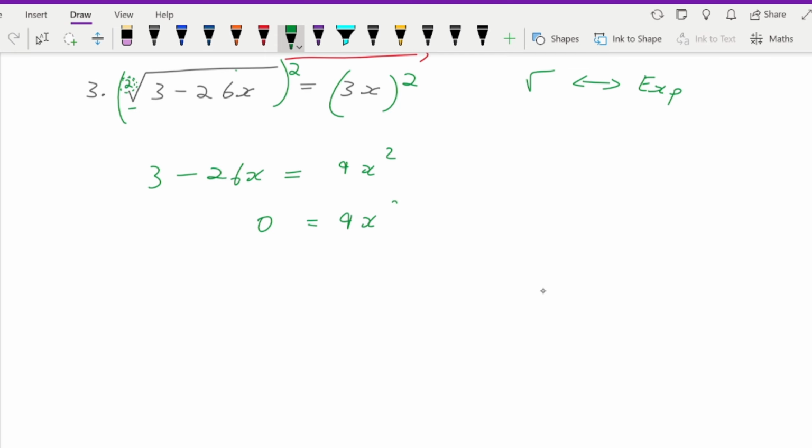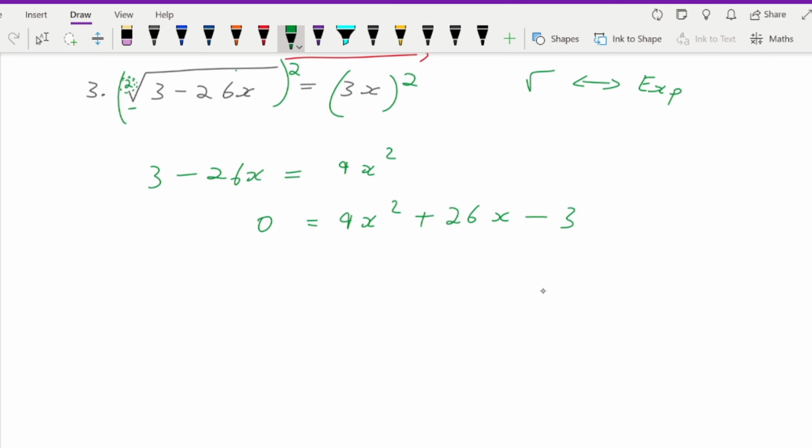We get 9x squared plus 26x minus 3 equals 0. We can simplify this by dividing everything by 3.